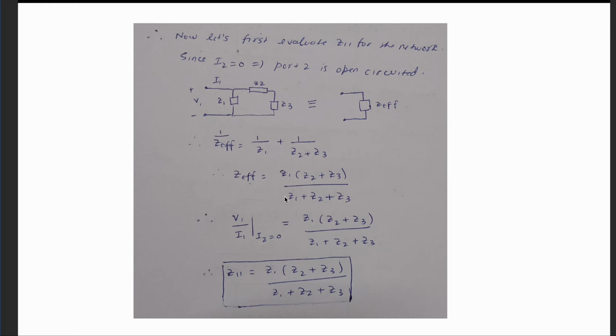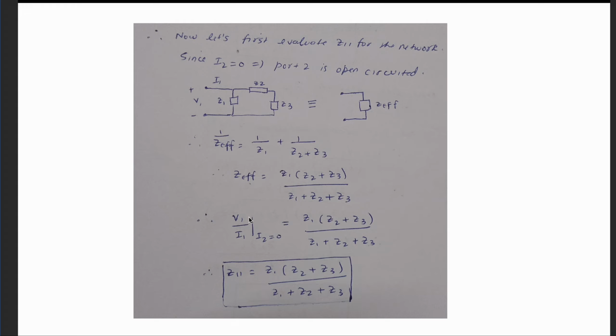If you calculate Z effective, it will be Z1 times (Z2 plus Z3) upon (Z1 plus Z2 plus Z3), and now you can write V1 upon I1 is equal to Z effective.